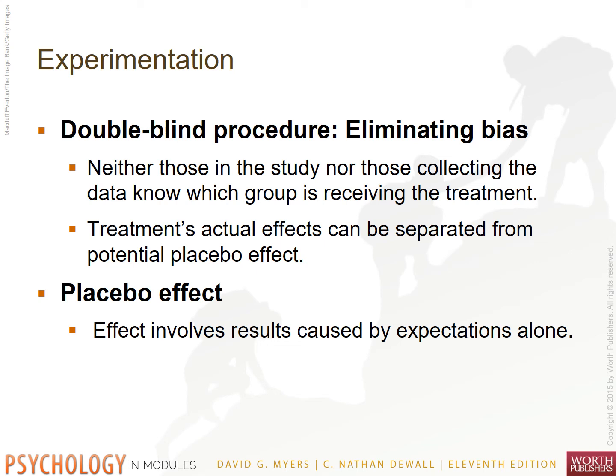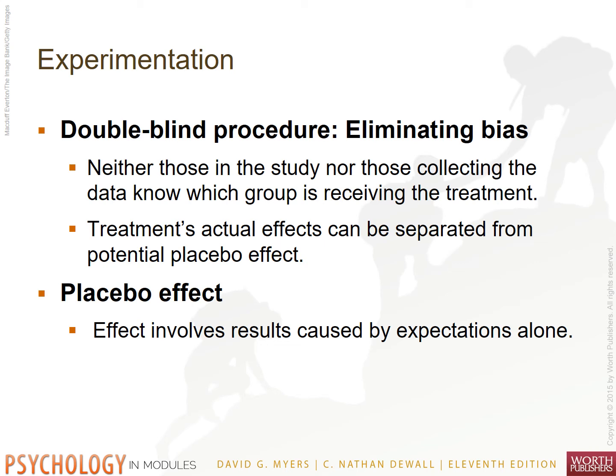Now, we randomly assign people to either get the treatment, the antidepressant, or the sugar pill, the placebo. And by randomly assigning these people to conditions, we are eliminating the confounding variables, the alternative explanations.